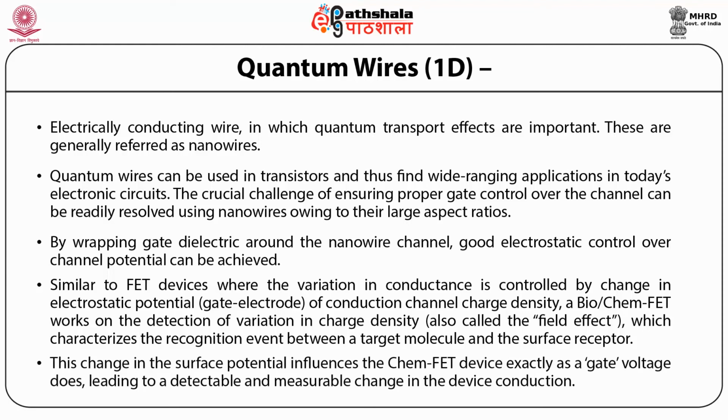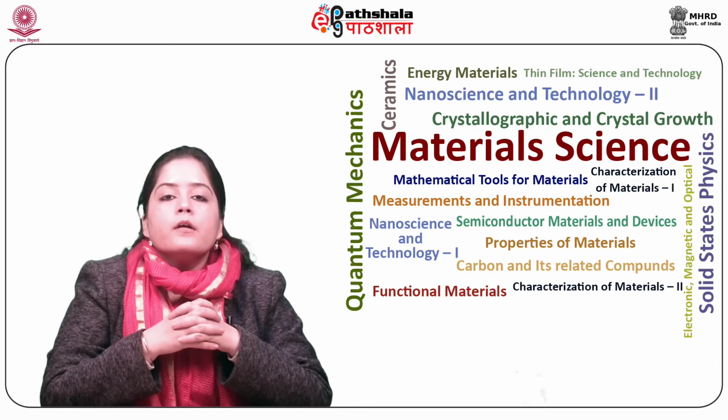The variations in the surface potential affect the chemical FETs, similar to the gate voltage effects, resulting in a detectable and measurable change in the device conduction.